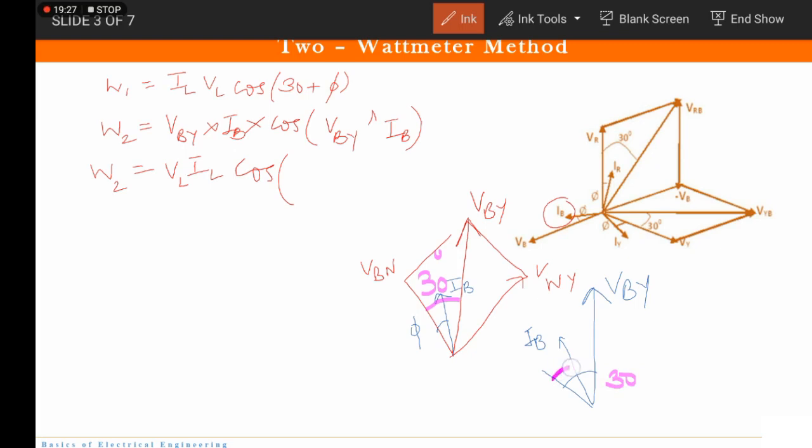Okay? And this angle is phi. But we do not require these two angles. Correct? We require this angle. So what is going to be this angle? This is now 30 minus phi. Okay? Got it?